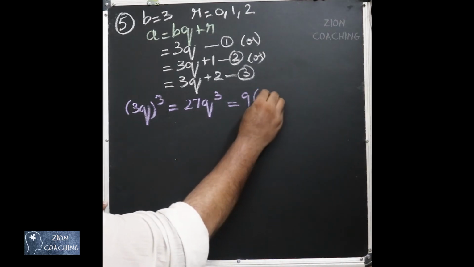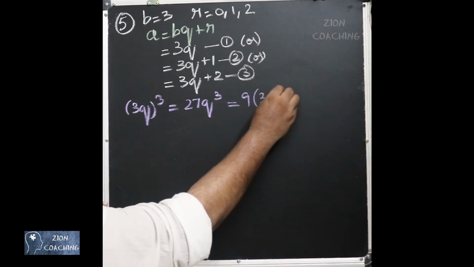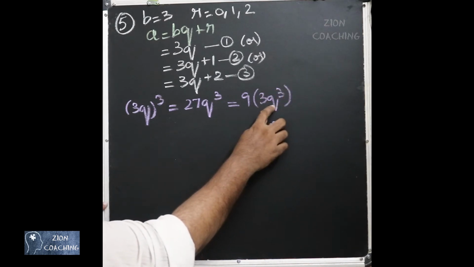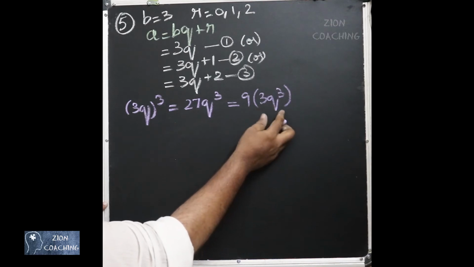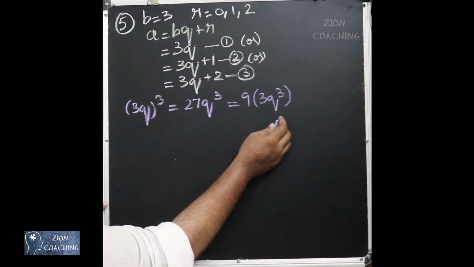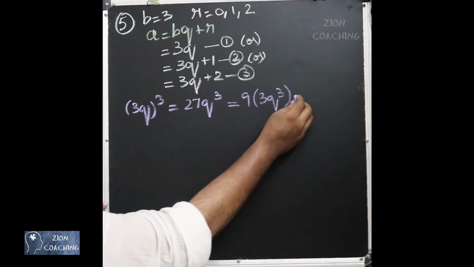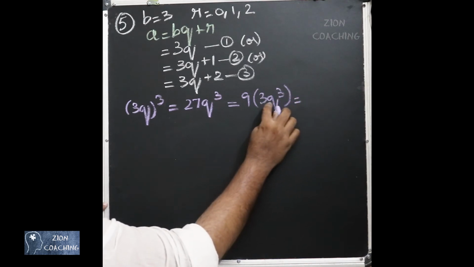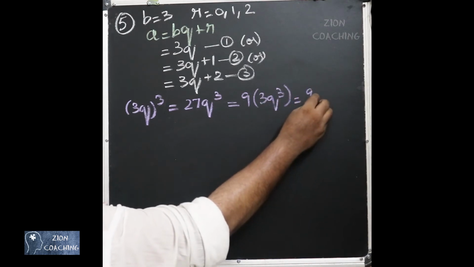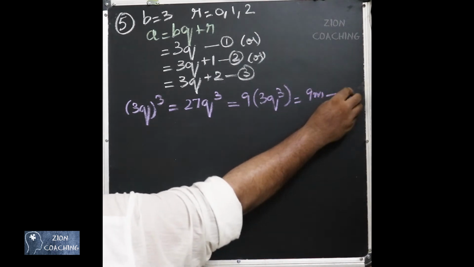Then we are going to have 3q cube. When you give a value for q, we will get an integer. That integer we are going to take as m, as it is given in the question. So instead of 3q cube, we can write it as 9m. Keep this as result 4.